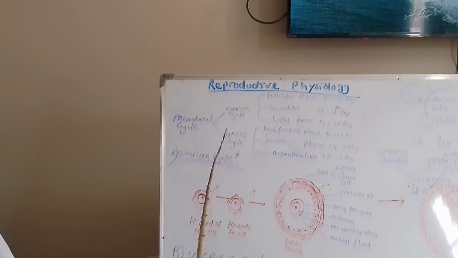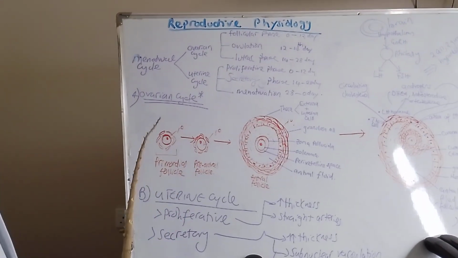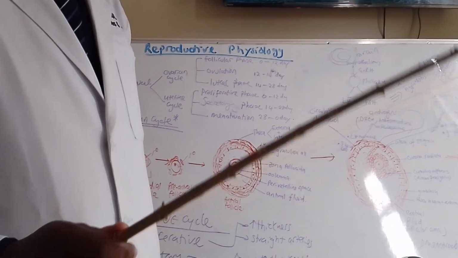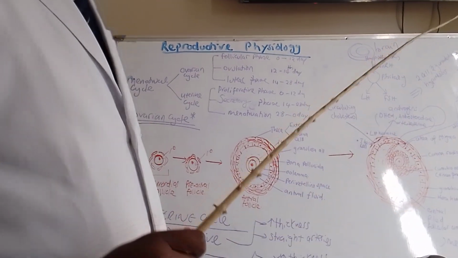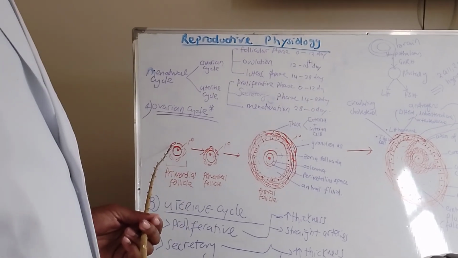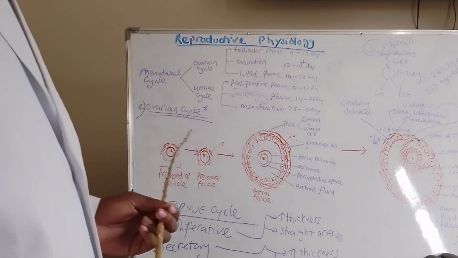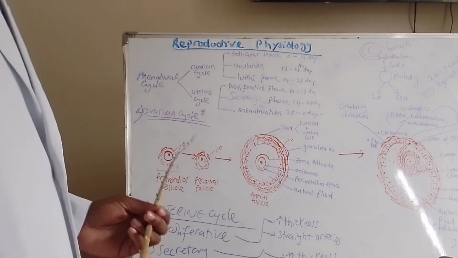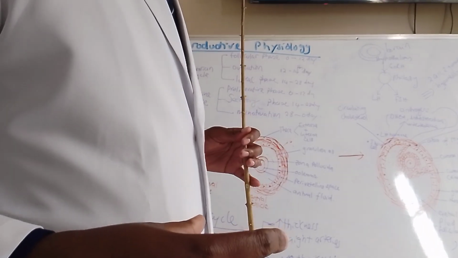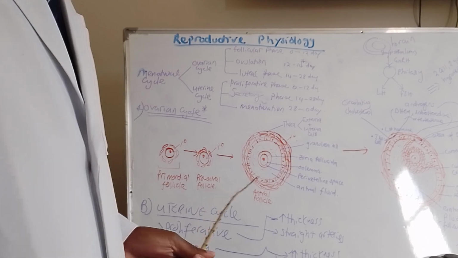Now, look at this. For about 85 days, there's some process which happens in the ovarian cortex, which takes about 85 days to move the primordial follicle from here to the next level, known as the preantral follicle. So this change from here to there is just a change in size. But there is no fluid anywhere. No wonder it's called preantral, before fluid.